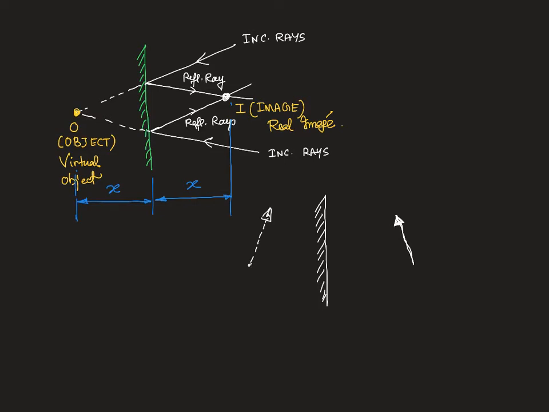Point to point: say for point A the image is A dash, for point B the image is B dash, all following the same laws, right? The distance of the object from the mirror is the distance of the image from the mirror. This holds for all points. Similarly, for point C, correspondingly C dash. So this one to one, you get the image for the extended object.